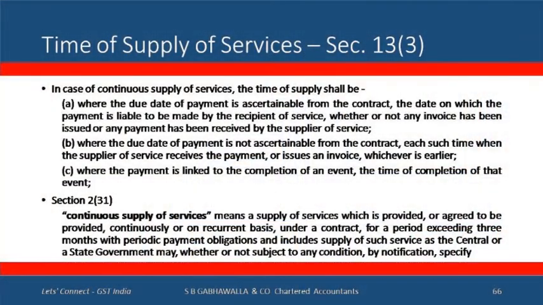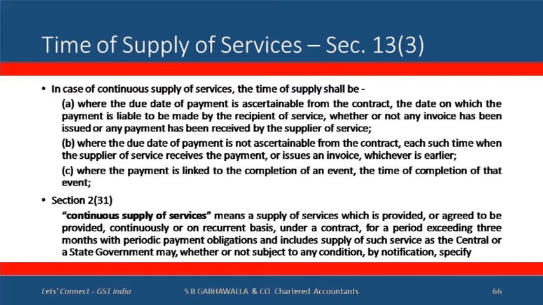Clause B, where the due date of payment is not ascertainable from the contract, each such time when the supplier of service receives the payment or issues an invoice, whichever is earlier. Yeah. So if the due date by itself doesn't come, but it is linked to the completion of an event, that is clause C: where the payment is linked to the completion of an event, the time of completion of that event. So your case would be, you have raised an invoice, which is an event.